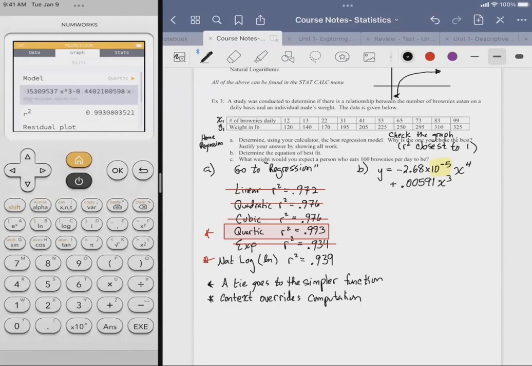Then minus 0.440 x squared, plus 14.975 x, and then plus 0.0711. Yeah, it's a plus.